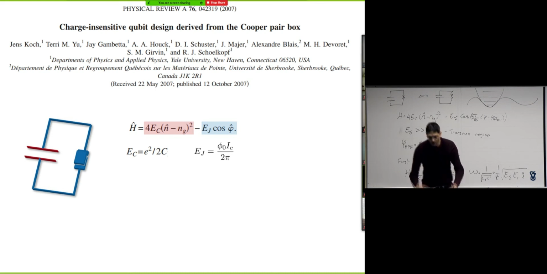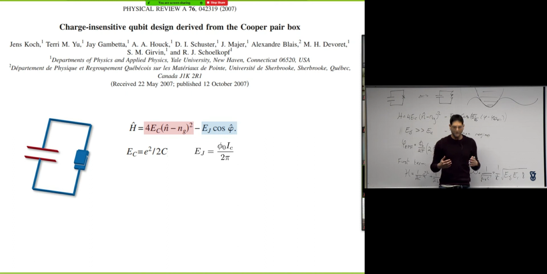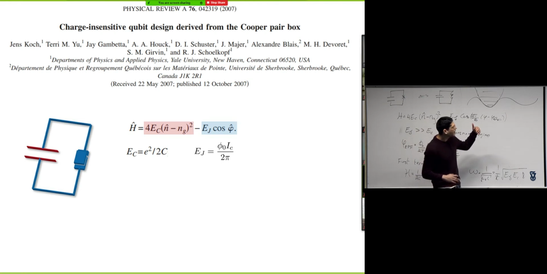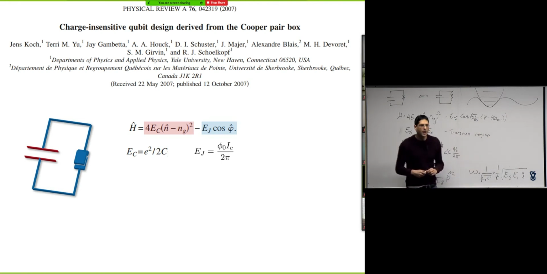We did not discuss the charge states at all, and I really did a very rough explanation of what goes on here. But you can actually solve this Hamiltonian. This Hamiltonian here, 2.1. You can see my screen, right? Or are you still stuck on the presentation?